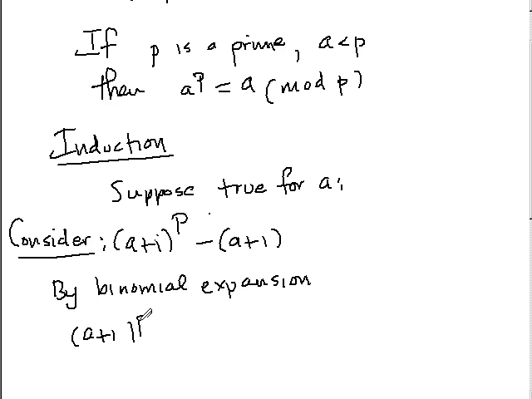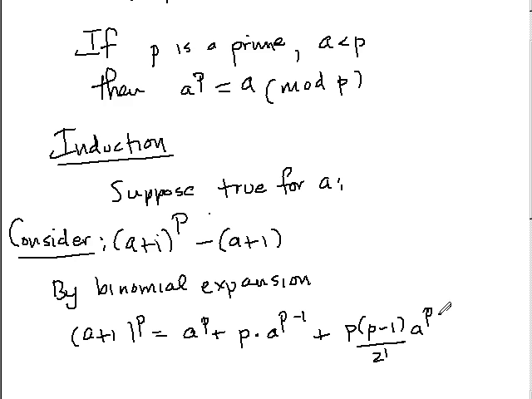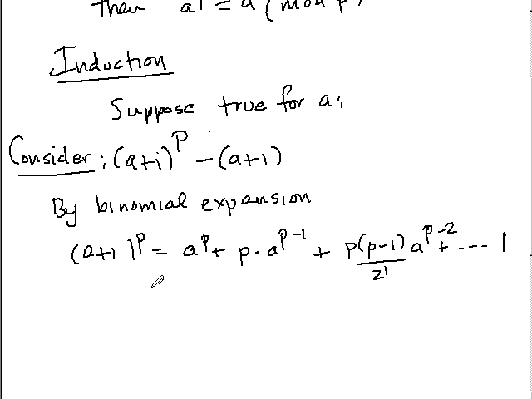So (a plus 1) raised to the p power clearly is equal to a to the p plus p times a to the p minus 1 plus p(p minus 1) over 2 factorial times a to the p minus 2 plus, etc. And the last term is going to be 1 raised to the p, which is 1.